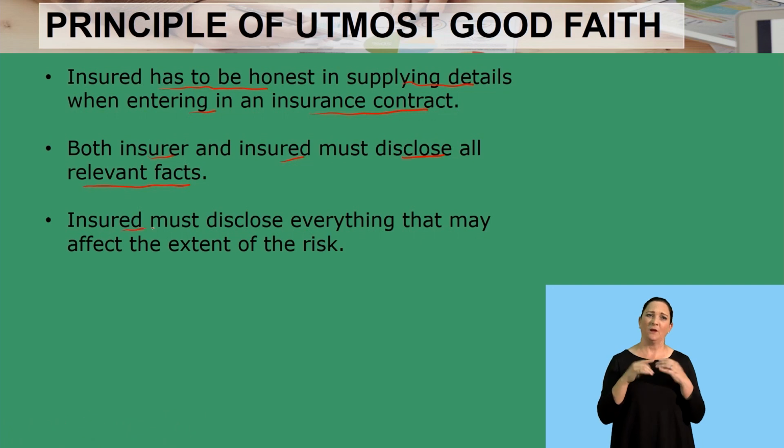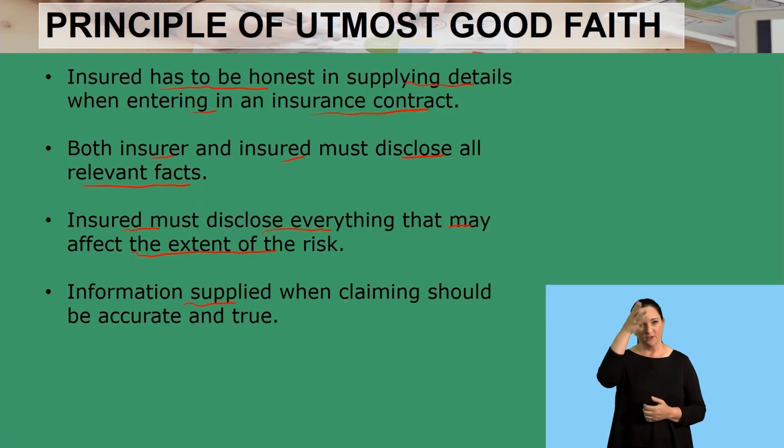And then the insured must disclose everything that may affect the extent of risk, to say sometimes I make my child drive, whereas my child doesn't have any proven or the required license to drive. So information supplied when claiming should be accurate and true as well. That is what the principle says.